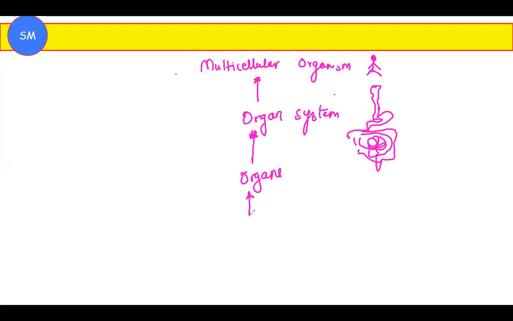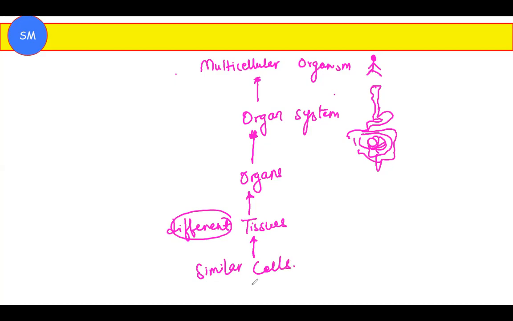And these organs are made up of different tissues, and these different tissues are made up of similar kinds of cells. Means each tissue is made up of similar cells. Okay, so this is the level of organization in a multicellular organism. I hope you get my point. Very important.